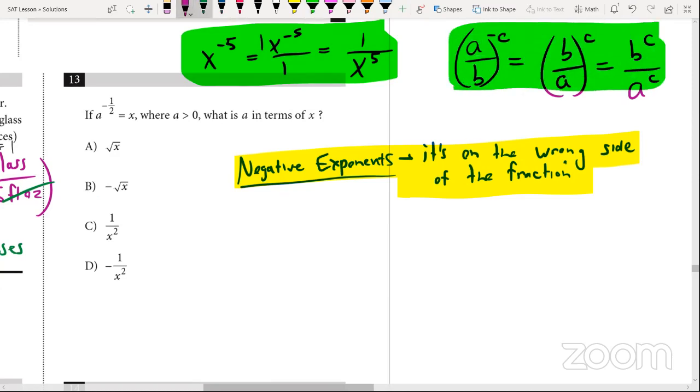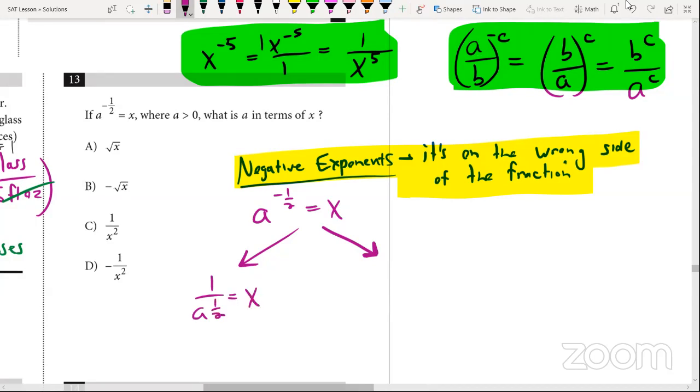So for our question here, we have a to the negative 1/2 equals x. A negative exponent, as it pertains to an equation like this with one term on each side, is the idea that to get rid of the negative exponent, we have to flip something. And whether we flip the left side of the equation or the right side, both of those are equivalent. Flipping something takes care of it. So on the one hand, we can say 1 over a to the 1/2 equals x.